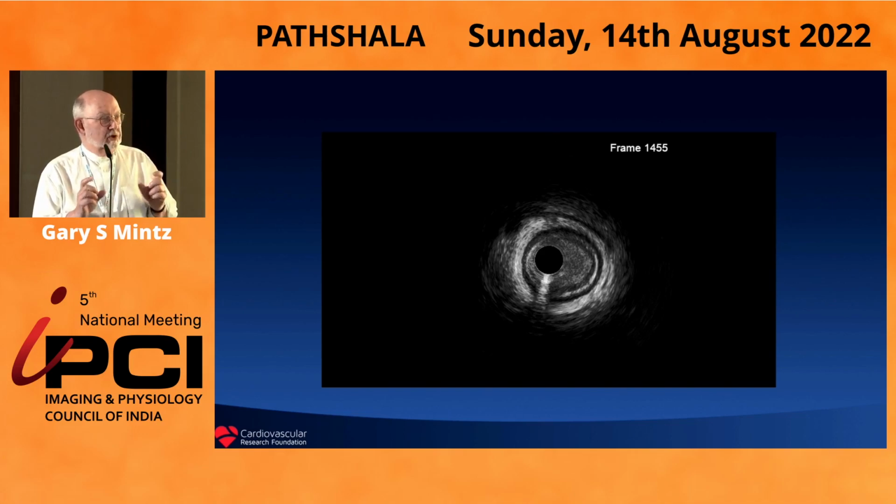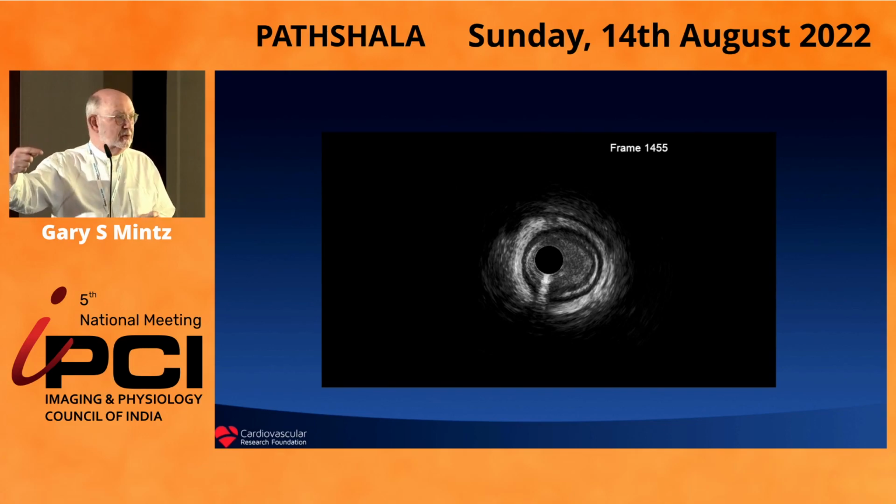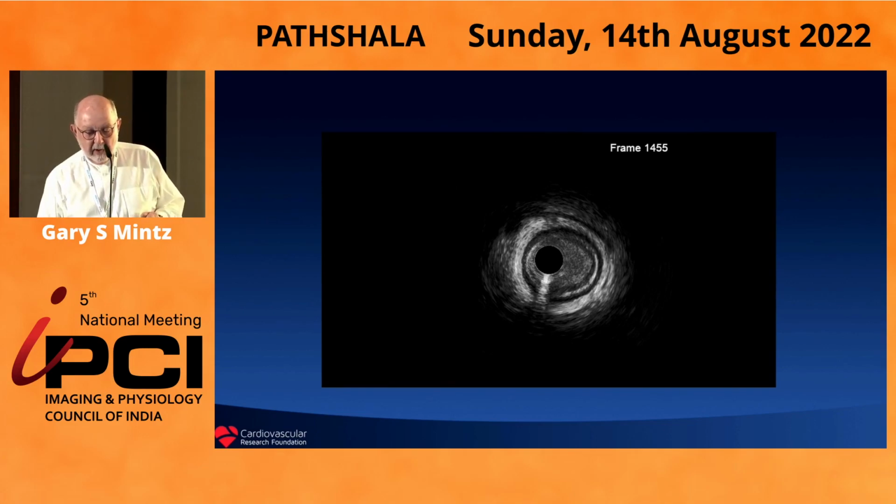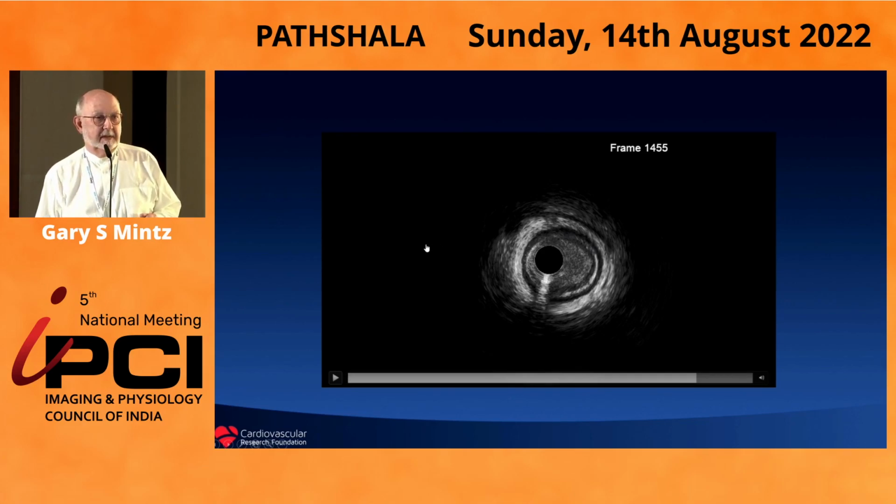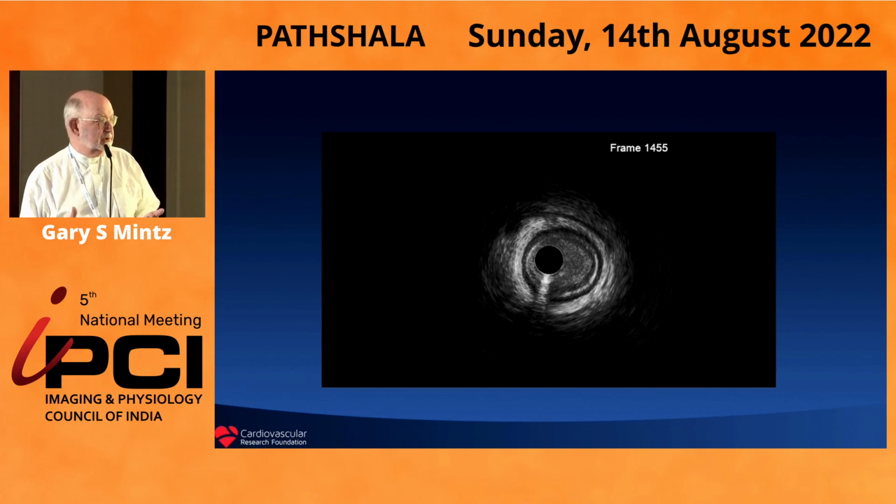And so what she had was diffuse three-vessel spasm that sent her to bypass surgery. And the way you know that is because you see how the media is super thick. And you'll see that as well, and the intima is also super thick, but there's no atherosclerosis.